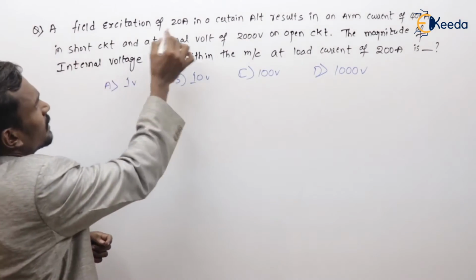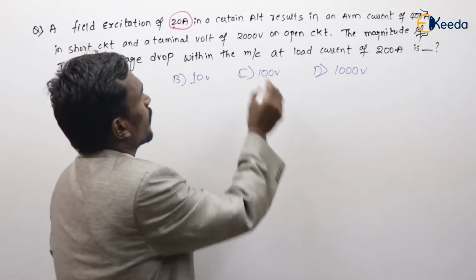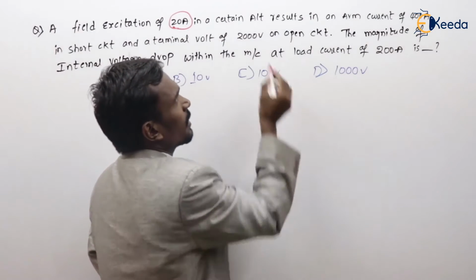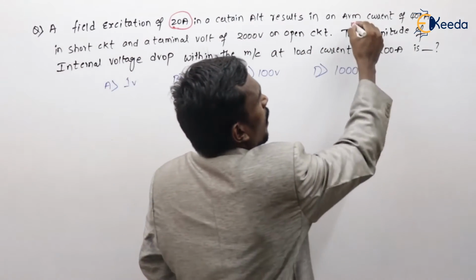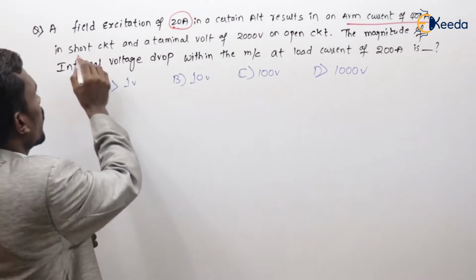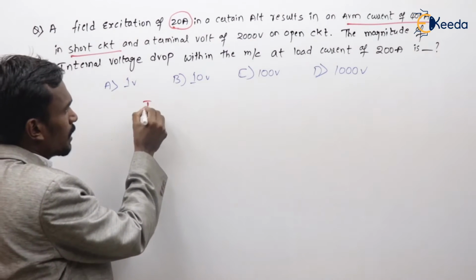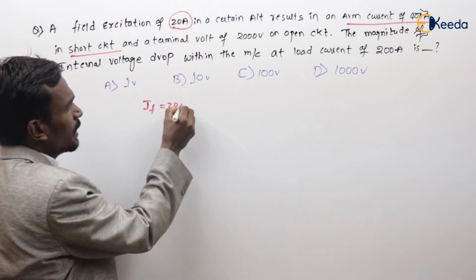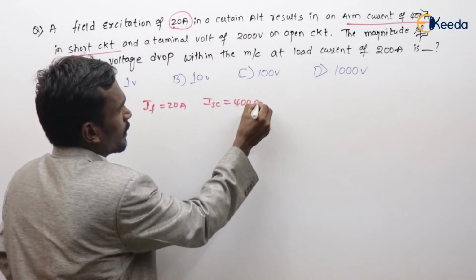Next question, see here. The field excitation of 20 amperes in a certain alternator results in an armature current of 400 amperes in short circuit. Field current 20, short circuit current 400 amperes.